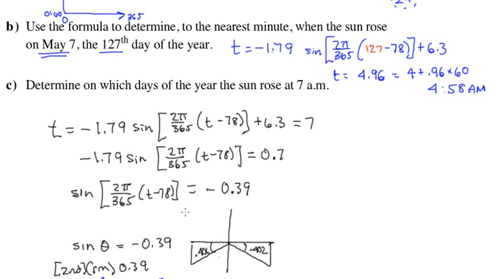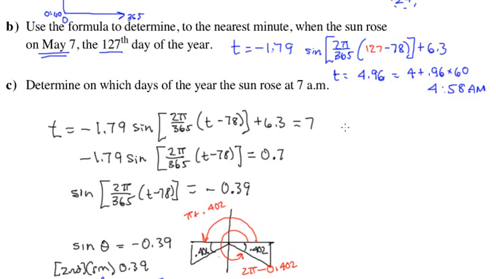Now, we don't want reference angles, we want actual rotation angles, and that means we have to do some adjusting here. The two angles we could really have are over here, pi plus 0.402, or going way around to here, we could have 2 pi minus 0.402.